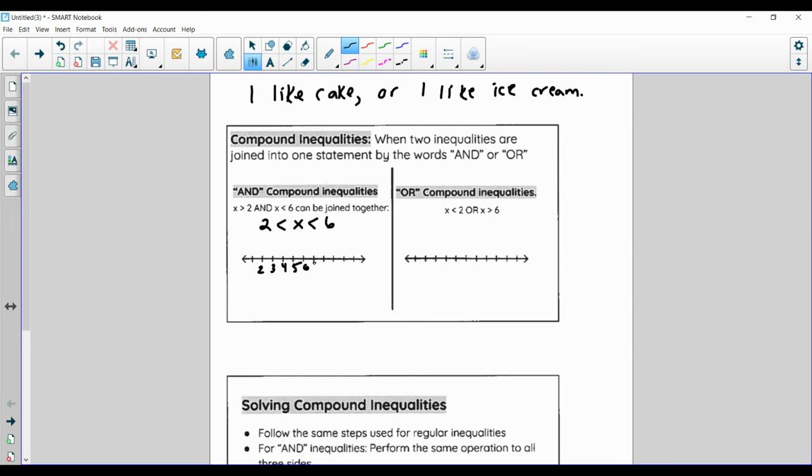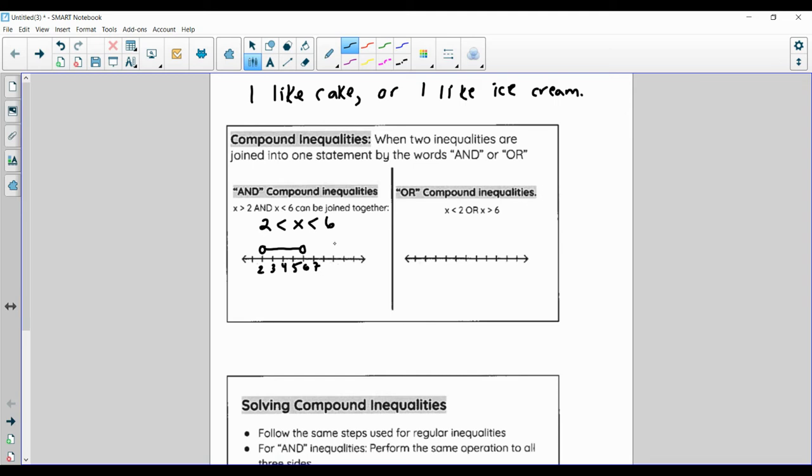If I think of the number 7, though, even though 7 is greater than 2, it is not also less than 6. So an and inequality, when you graph it, has an open circle because of the less than symbol on 2, an open circle because of the less than symbol on 6, and it's a line only connecting the numbers in between.